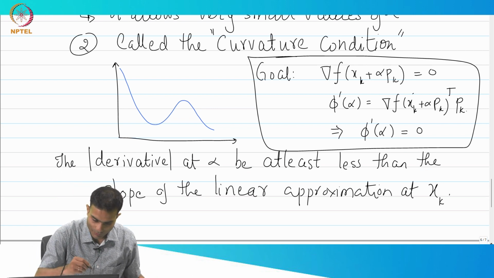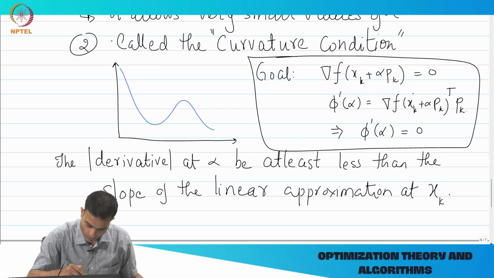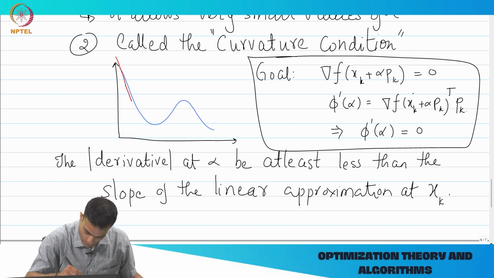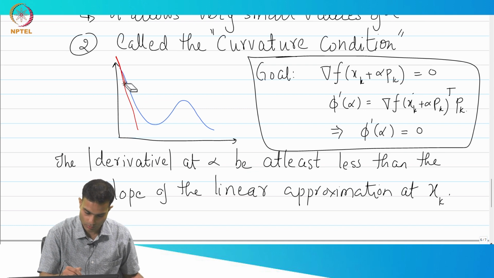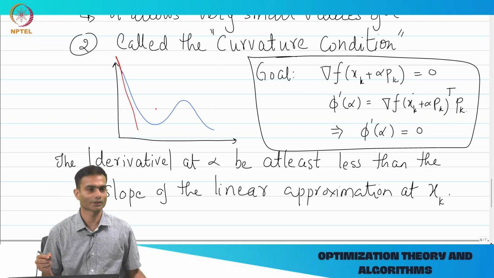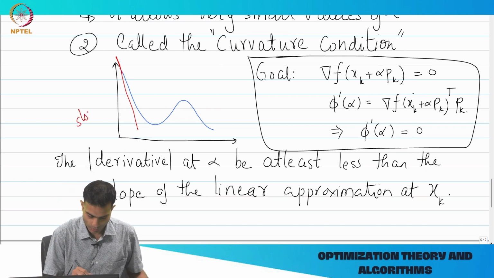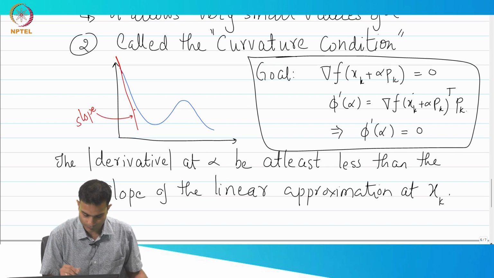So, let us draw a few graphs over here. Let us say that this is supposed to be the linear approximation and the slope is this.